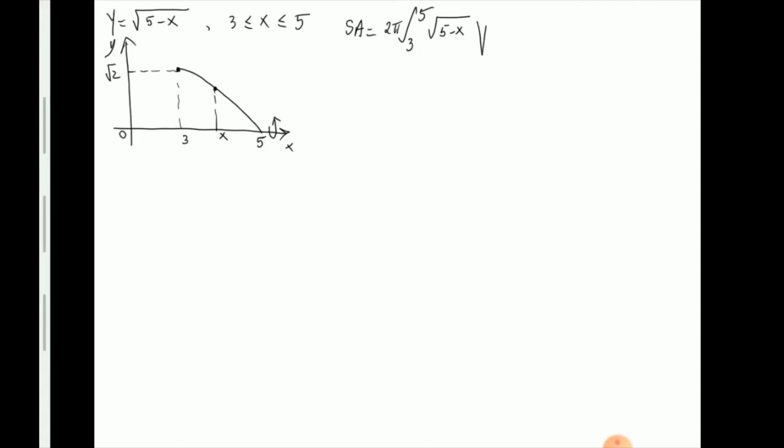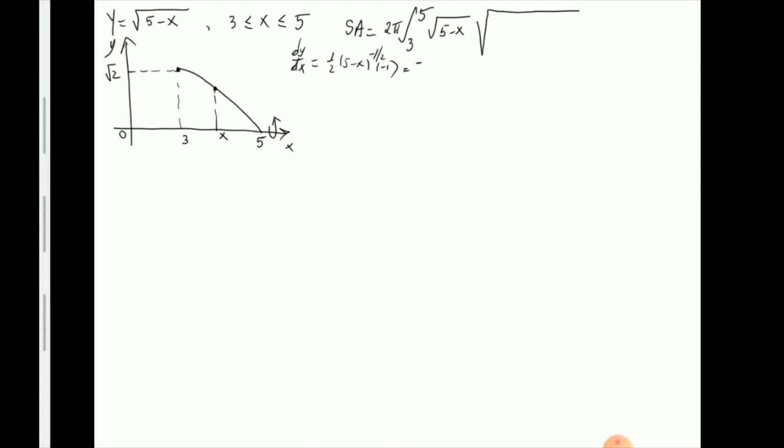And then under the radical, we have to pay attention to the computation here. We're going to do 1 plus the derivative of y to the power 2. So maybe let's write the derivative of y, which is 1/2 (5 minus x) to the minus 1/2 times minus 1. Let's pay attention to that chain rule. So you differentiate the power and then the 5 minus x on the inside.